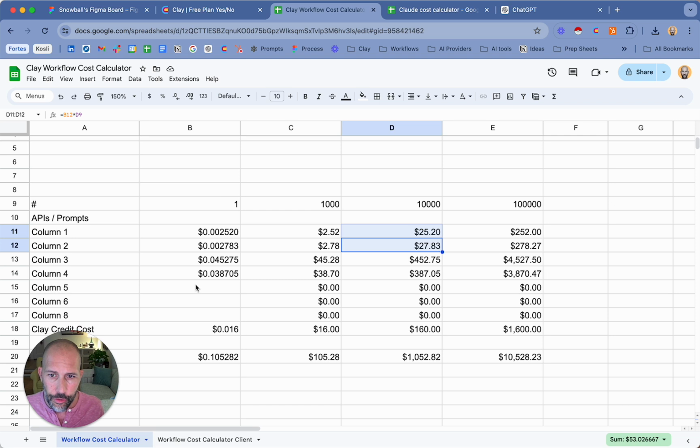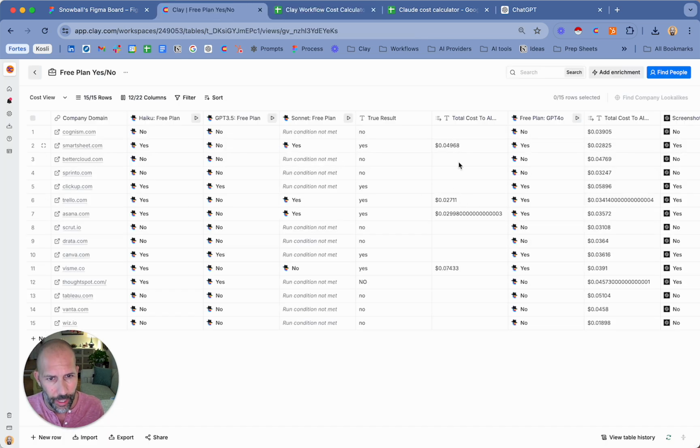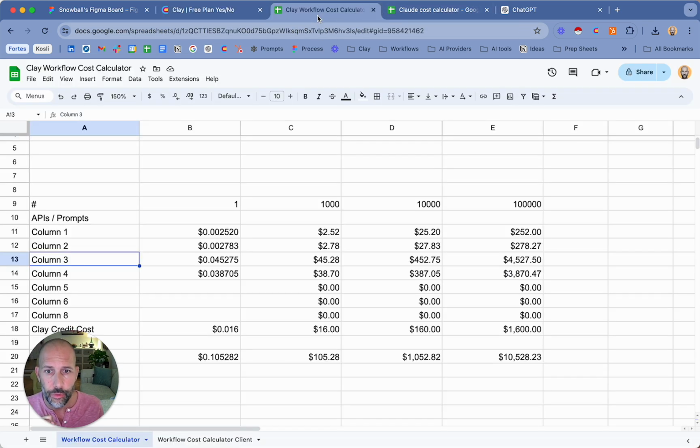And what I need to calculate in column 3, since it doesn't run for every row, is that it runs for about 25% of the rows. So I would need to look at 25% of this price. I know this seems maybe a little bit complicated, but it's really all about the cost of one individual column on average across all of the rows we are using.